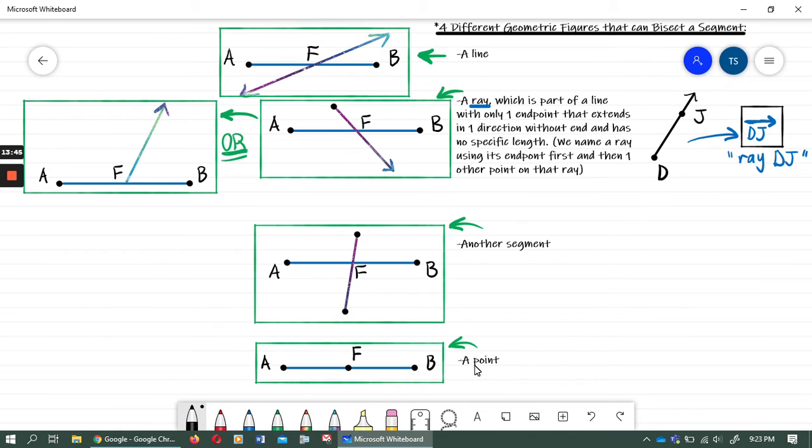As of right now, my students in my classes, the only other way for you to tell that it would be a midpoint is if you see congruency marks, or if you see the same lengths for those two segments.